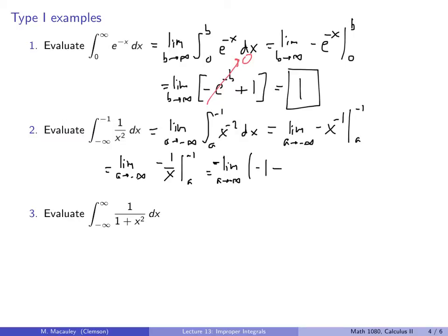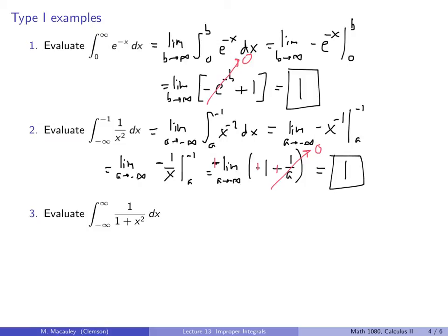Plugging in a gets me 1 over a. And again, this negative sign came from that. But now everything we have here is positive, so I'm just going to make that positive, positive, positive. And plugging in a equals negative infinity, or any sort of infinity, into here is going to make that term go to 0. So our answer here is also going to be 1.